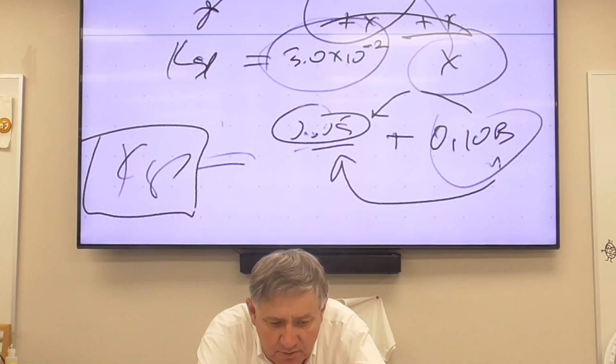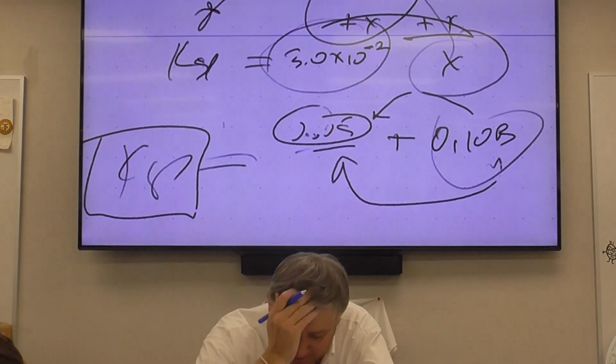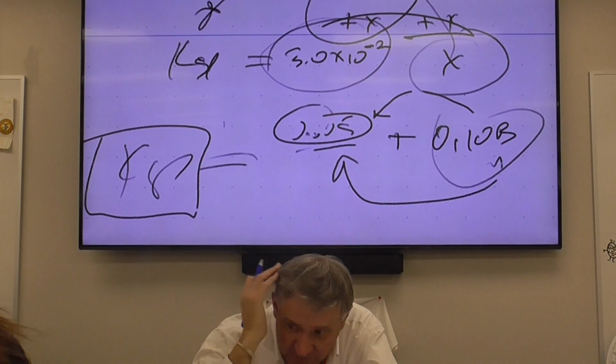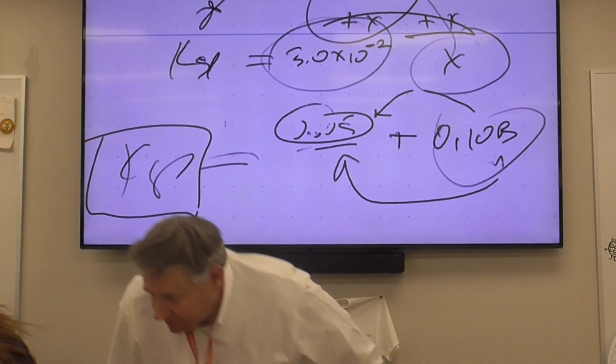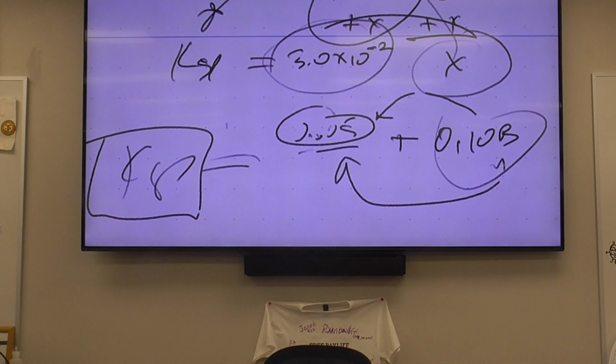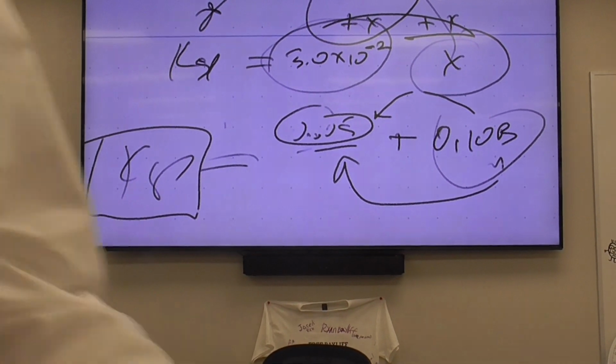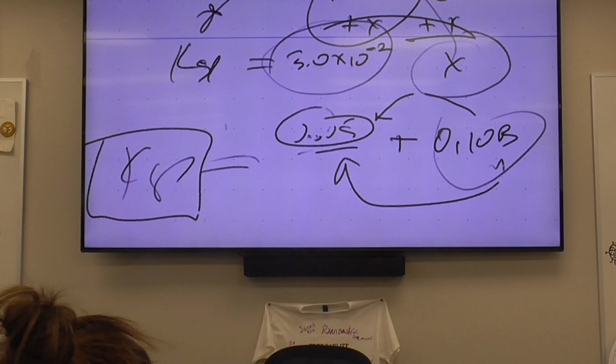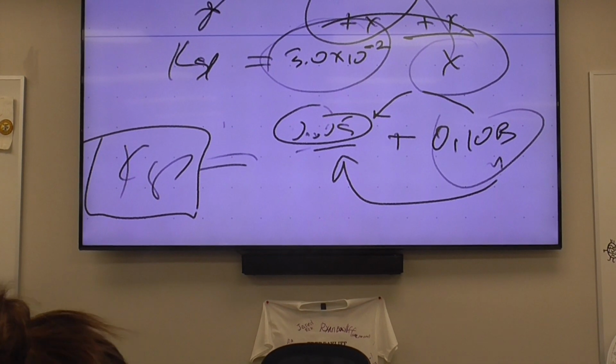When you get to question 63, this is going to be relevant to what you're going to do today. Ironically, when you really need to know your strong acids is when you deal with KSP problems. So here's the story.